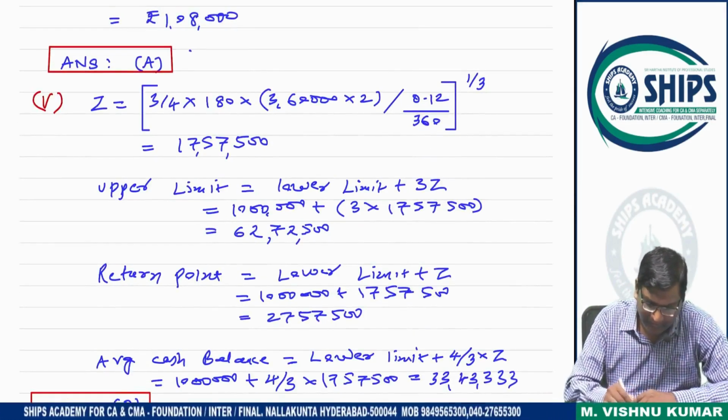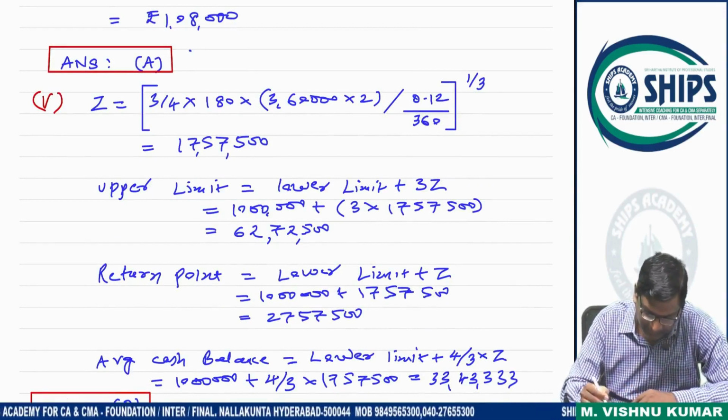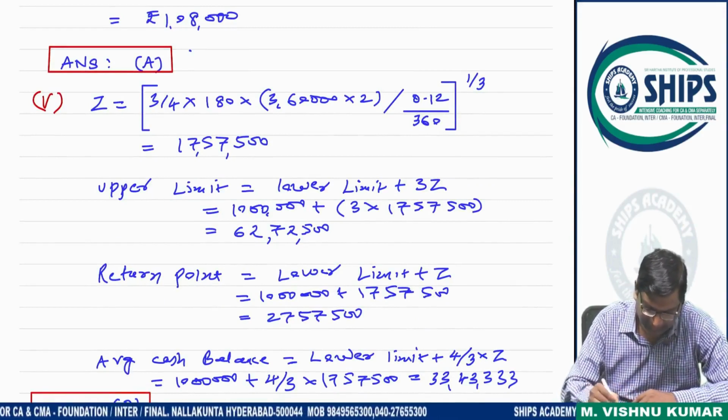According to the Miller Orr cash model, Z is called the control point.